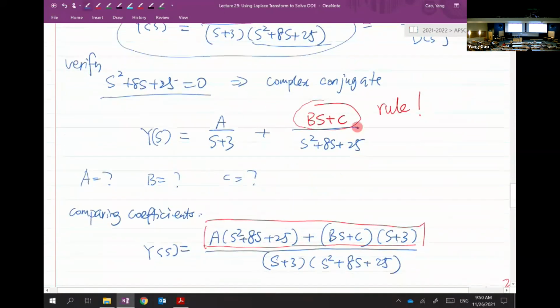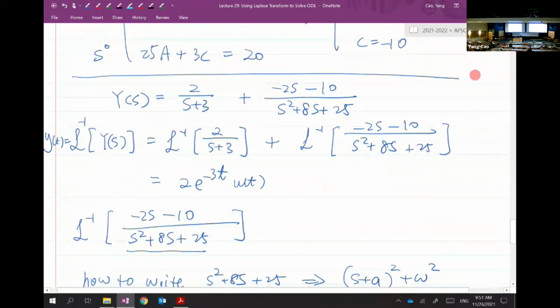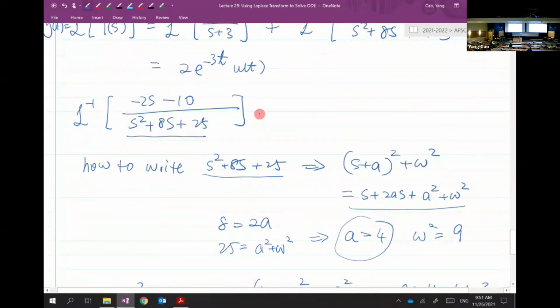Once you identify that, then you can write this Y of s or decompose it according to this way. There's no other way. There's only this way. You have to decompose it like this one. The next step is to compare coefficients to get all the constants. Once you get the constants, the last step probably needs very sharp eyes: how you can manipulate it to fit into the table to find the inverse. Is that good? That's case number 2's general procedure.